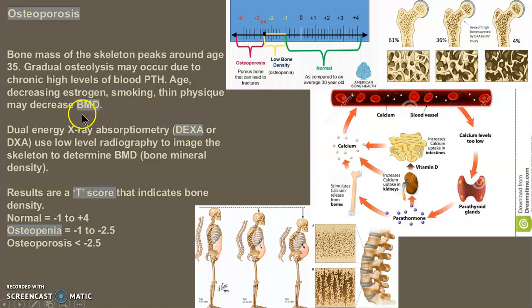BMD is bone mineral density, and we get a DEXA scan, or it's a type of radiograph or X-ray, same thing, where we can get a T-score, and we can determine, okay, is this person doing okay? Are they developing osteoporosis, which is called osteopenia, or are they full osteoporosis?